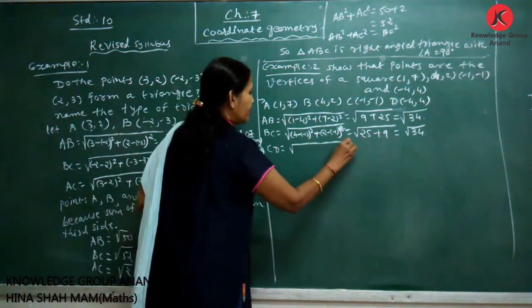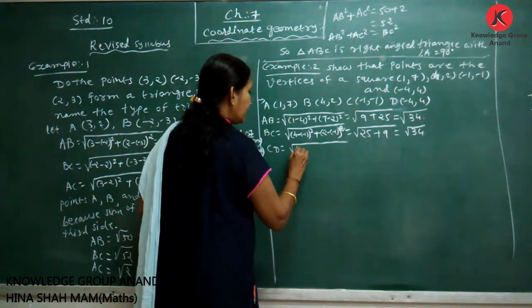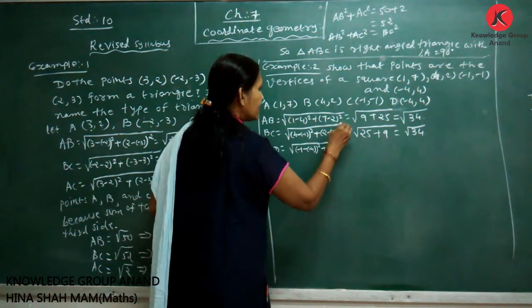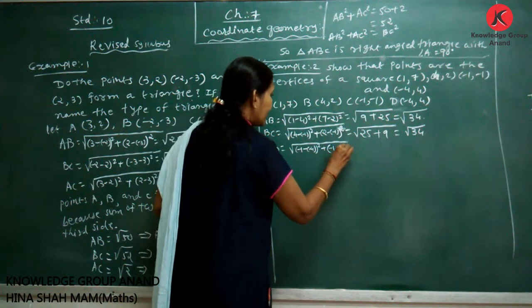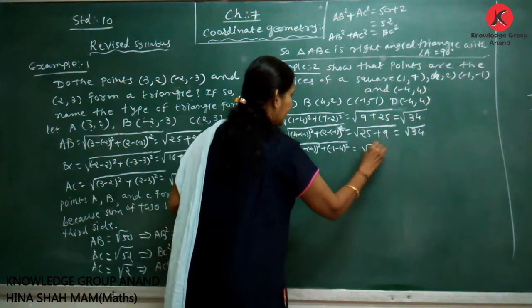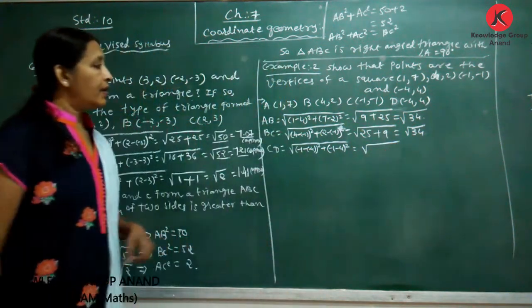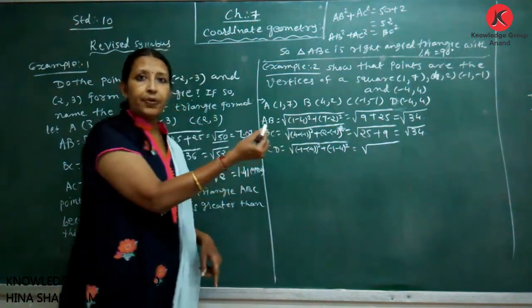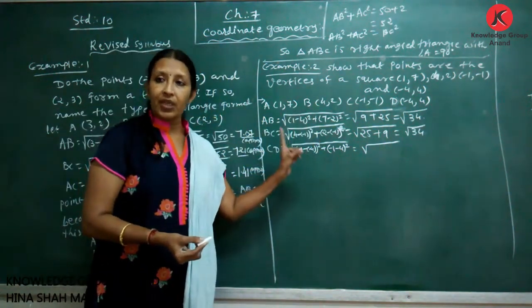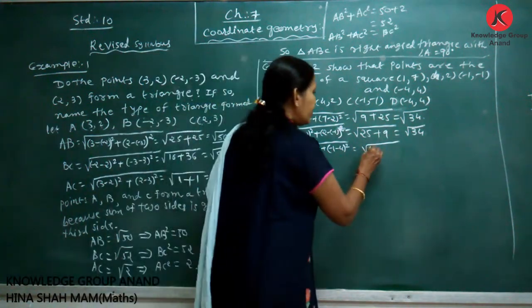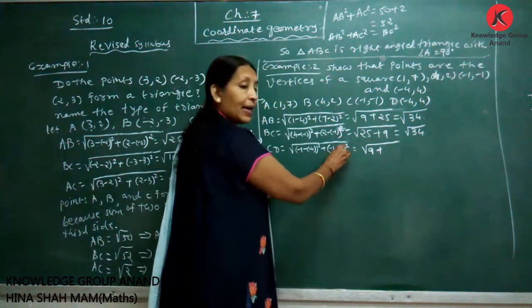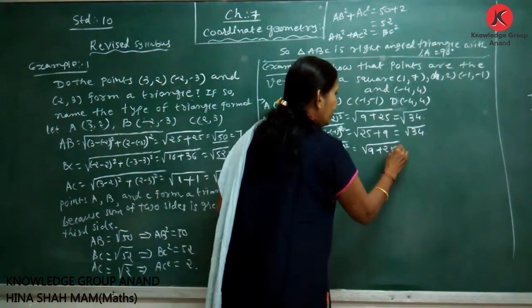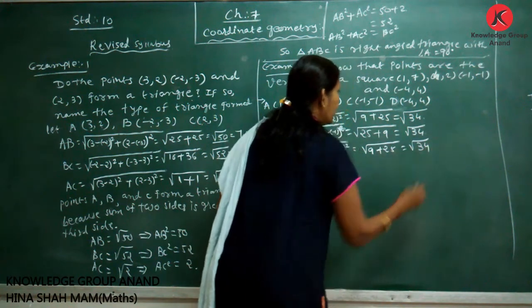CD is equal to the root of (-1 plus 4) square plus (-1 minus 4) square, which is 3 square, 9, plus (-5) square, 25, equal to root 34.